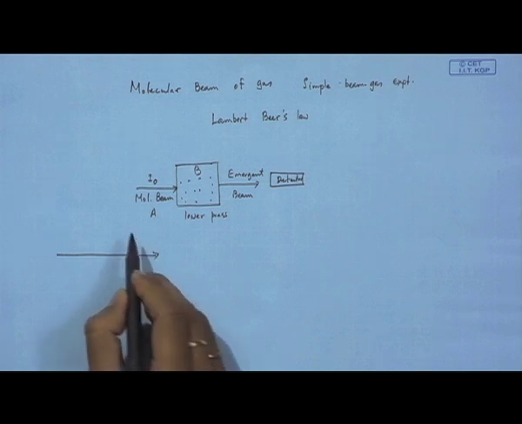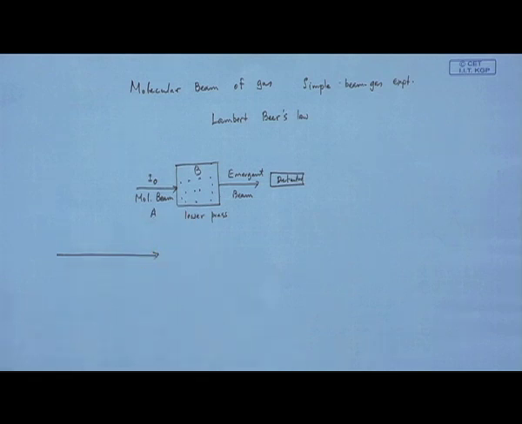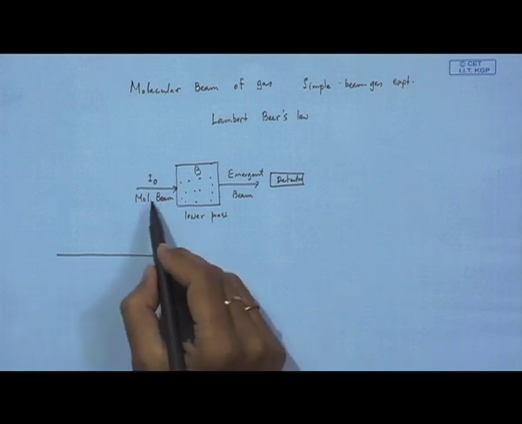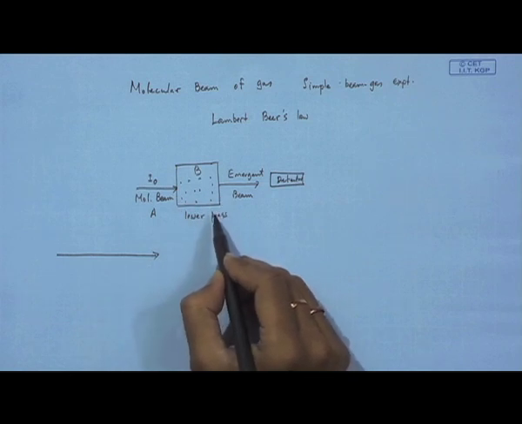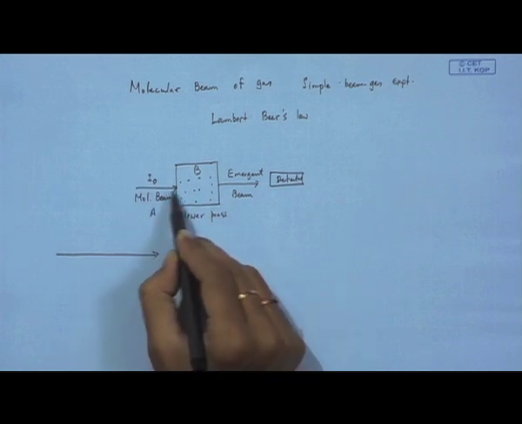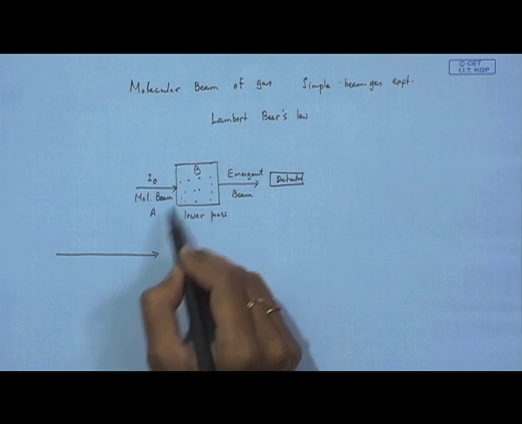Attenuated means that as if some portion of the beam, I mean molecules, is chopped. So, we want to find out how much attenuation of the beam there is when it is passed through B.